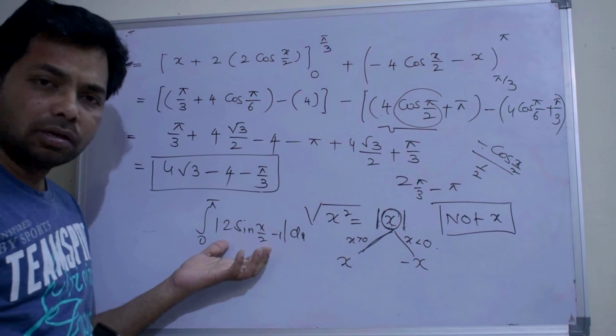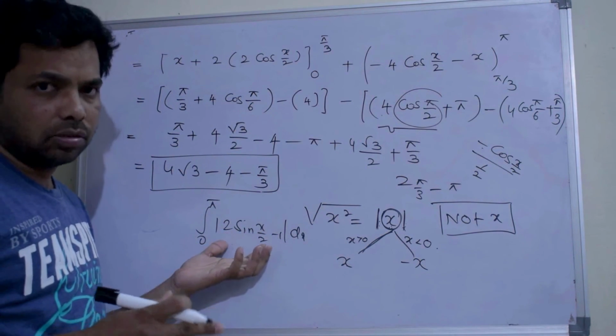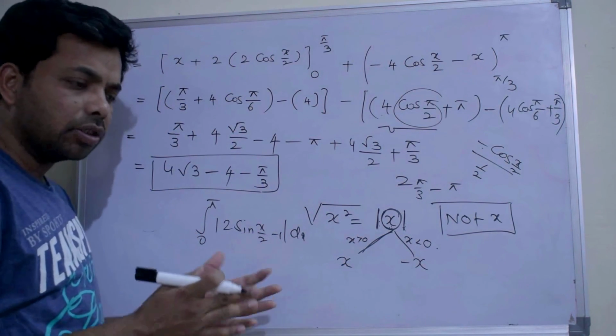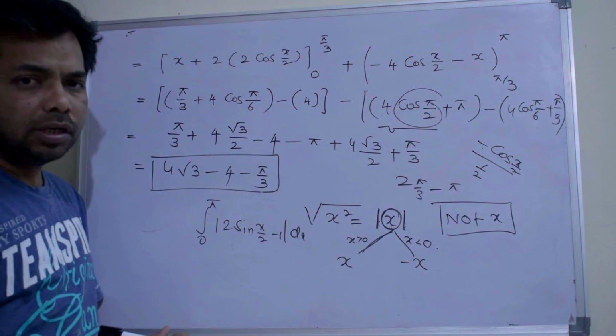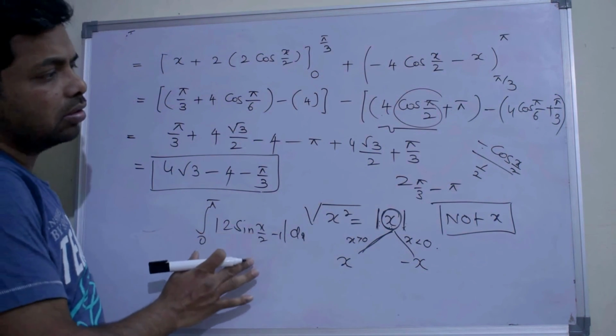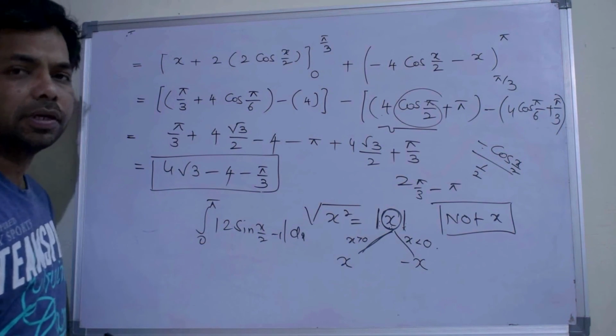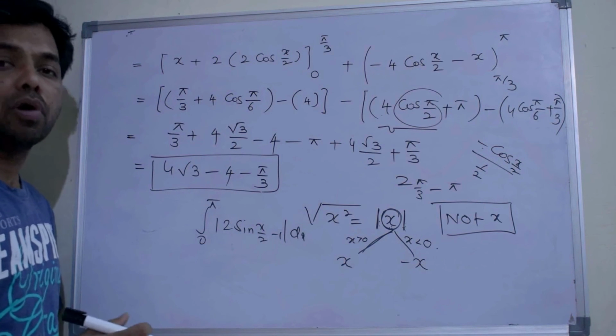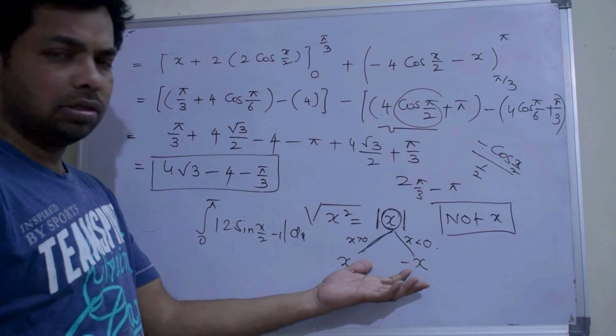So we have to split the integral according to the sign of the function. Splitting integrals in a definite integral is the most important concept. So this question is framed on splitting intervals according to the positiveness or negativeness of the modulus function. So the modulus function definition is this.